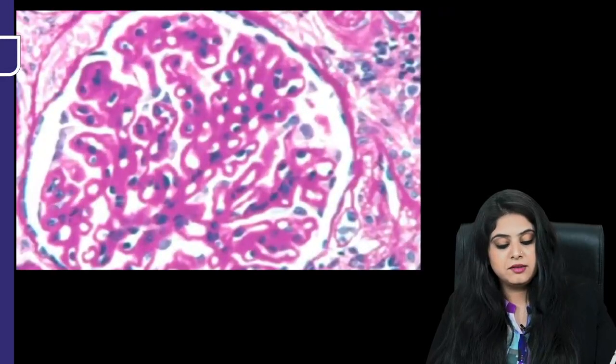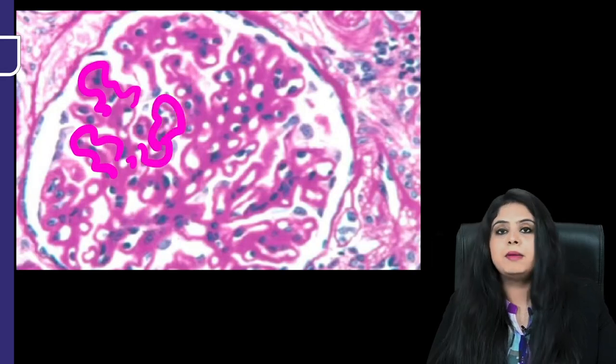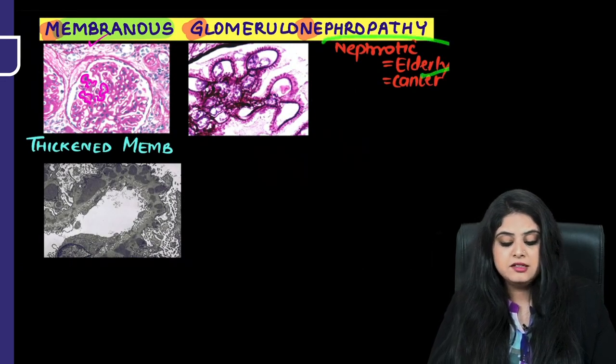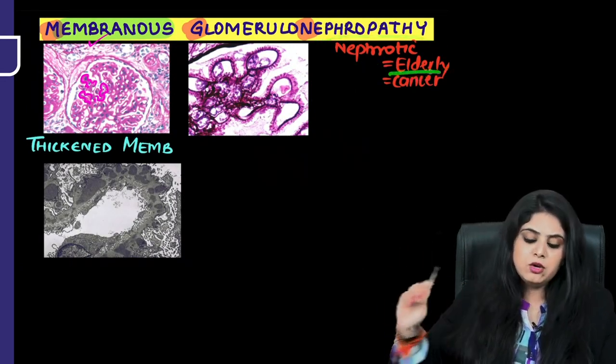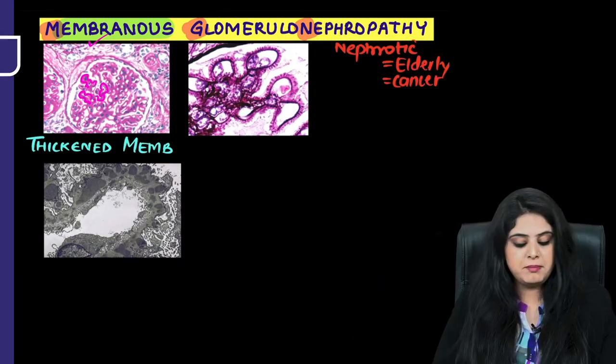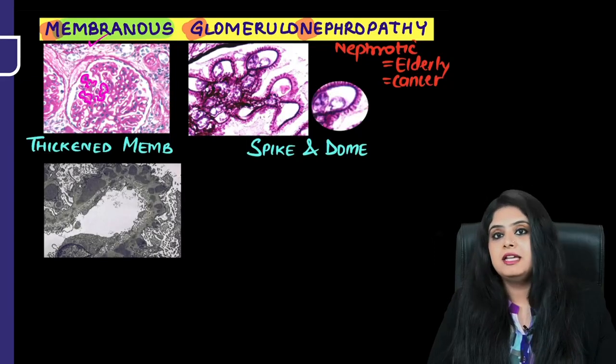Of course, I can see a very thick pink color line going everywhere. So membranous word I have understood. Then I realized this occurs at the peak of the age, and peak of age par hi cancers hote hain. So it occurs at the peak of the age. It shows you peak of the pattern. Peak of the pattern matlab it shows you the famous spike and dome pattern.